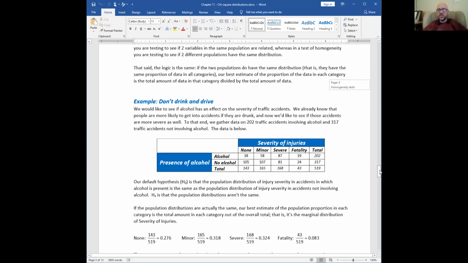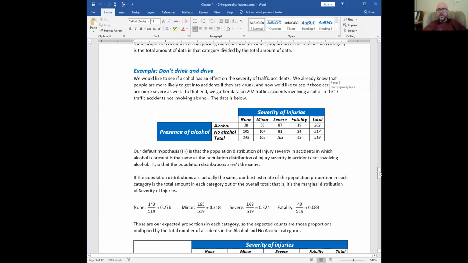In actual practice, if you're thinking of this category and this category not as categories but as actually different populations, it might mean that you go about gathering your data a little bit differently, but that's about it. For our purposes, since we're not actually gathering any data, the difference between the two is just semantic.